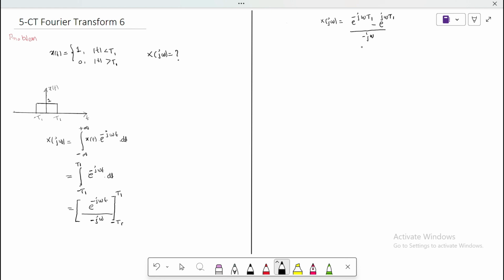Take the minus common in the numerator, so this minus minus gets cancelled. E power j omega t1 minus e power minus j omega t1 by j omega. This is the formula, like e power j theta minus e power minus j theta by 2j equals sine theta. So here a 2 is missing, so multiply by 2.